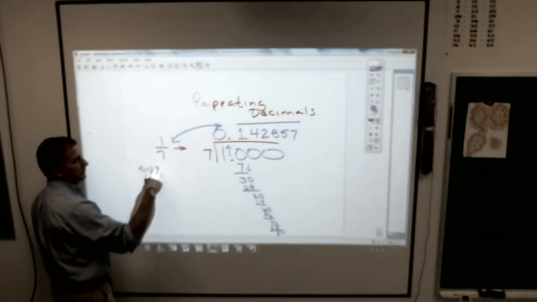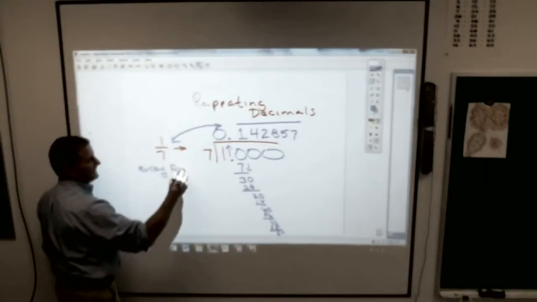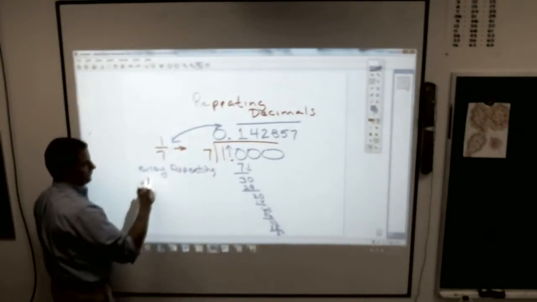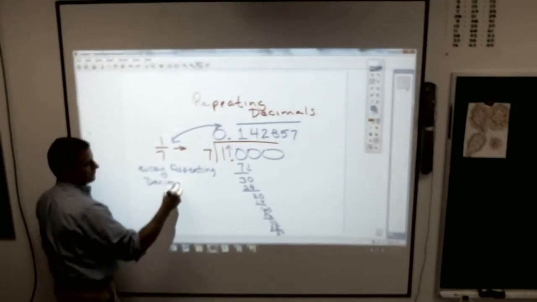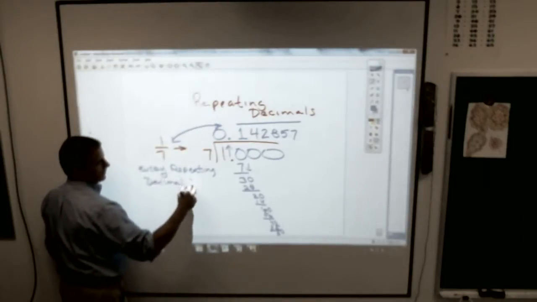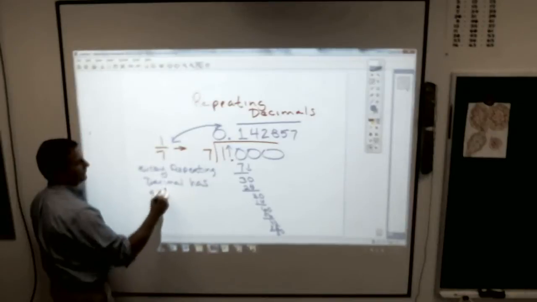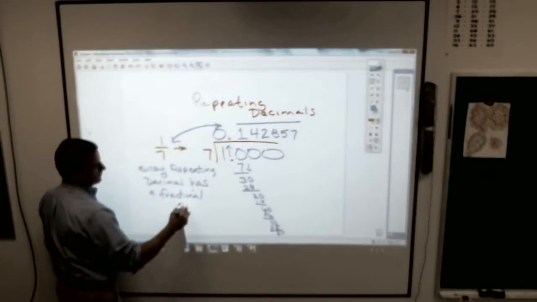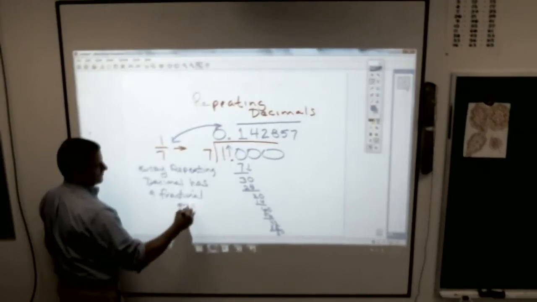Every repeating decimal has a fractional equivalent.